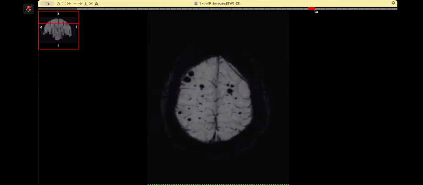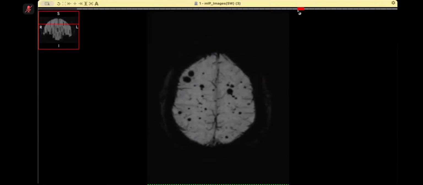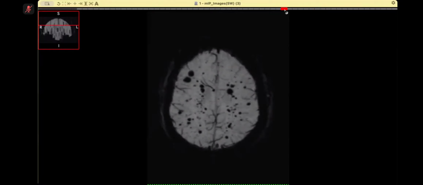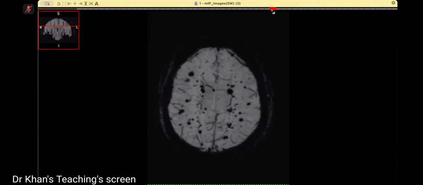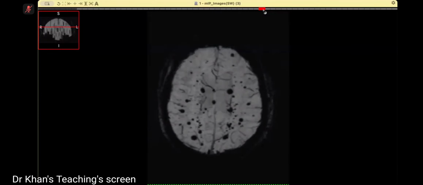So how can you differentiate between all of these conditions? You meant to say cerebral amyloid angiopathy, hypertensive cerebral encephalopathy, multiple cavernomas. Multiple cavernomas can show a random distribution.